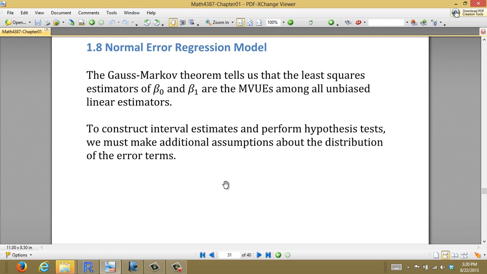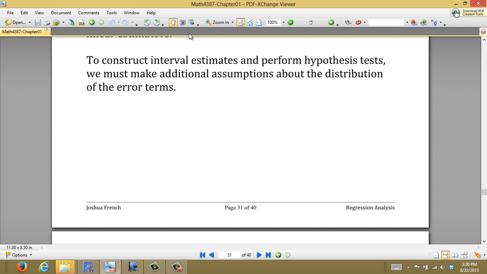And if we make the additional assumption that the errors are normal, then that will allow us to make some additional statistical inference. It allows us to construct confidence intervals and do hypothesis tests for the parameters of interest. We won't talk about that until chapter 2.